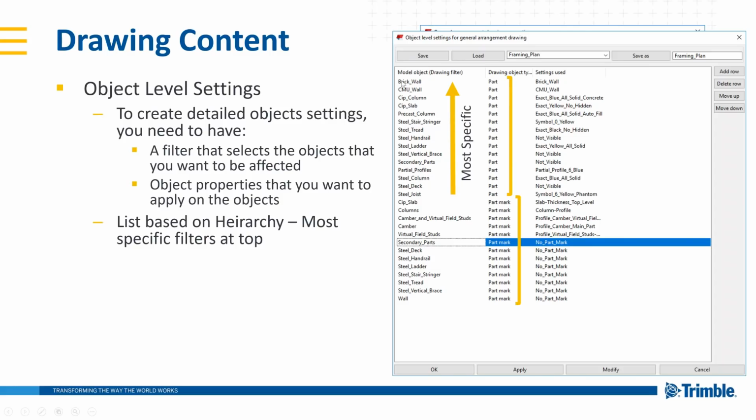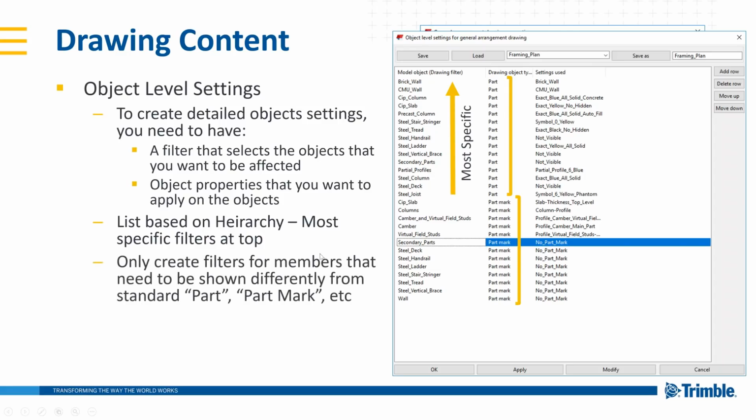Tekla goes through and reads this line by line, so if your object meets the brick wall filter, it will use the brick wall setting and go on. Then it will look at all the rest of the objects, and for the ones that meet the CMU wall filter, it will apply the CMU wall settings, and so forth. So you want to make sure to strategically place these in the list, but it is important to understand that they are based on hierarchy.